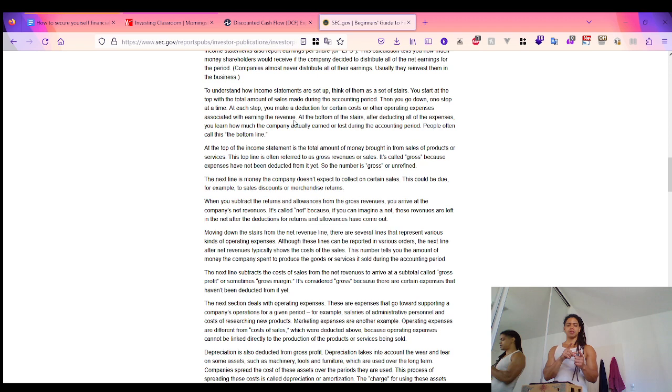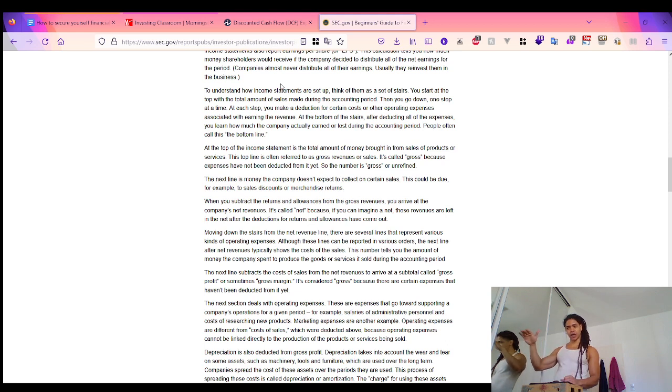And then I look at how these income statements are set up. You can think of them as stairs. You start from the top, with the total amount of sales made during that accounting period, and then you go down step by step, one step at a time.